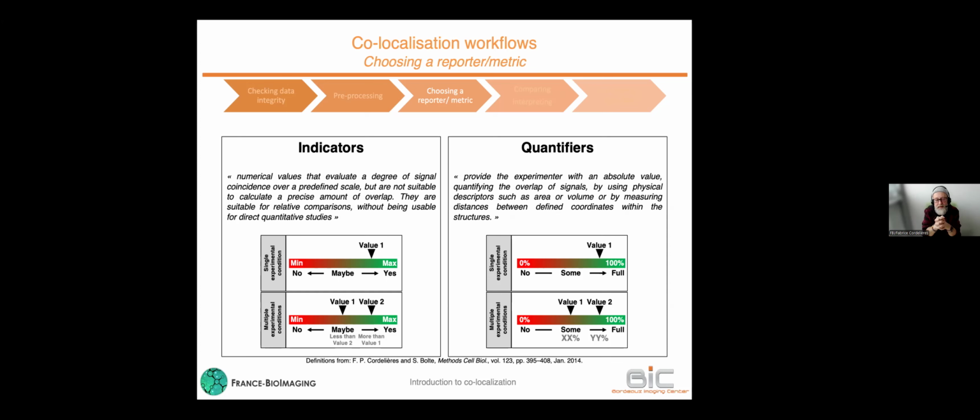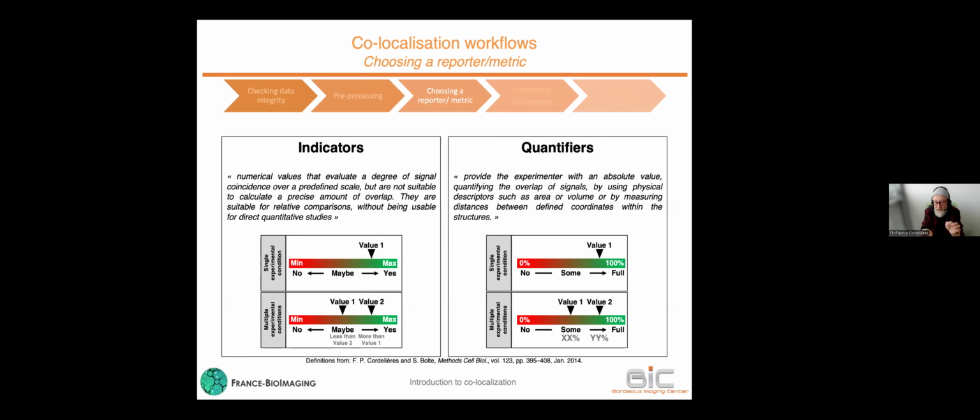So an indicator is simply a value that is computed and that has two extreme values, a minimum and a maximum value. This is a reporter of colocalization. This is not something that will give you the amount of colocalization that you find within your sample.